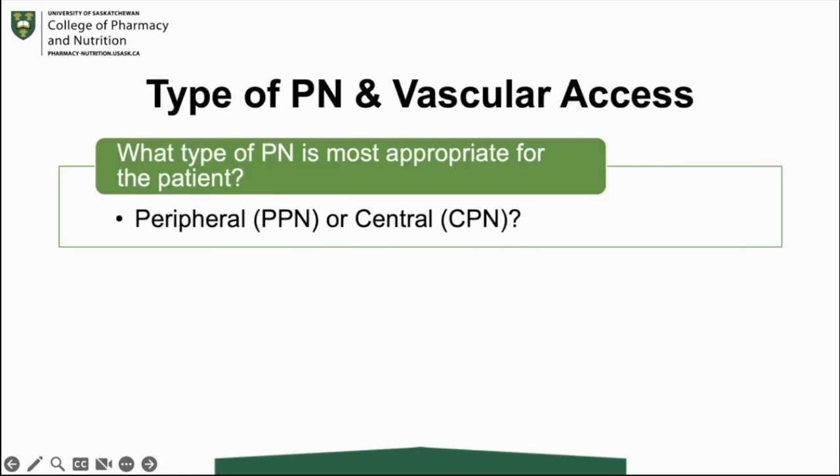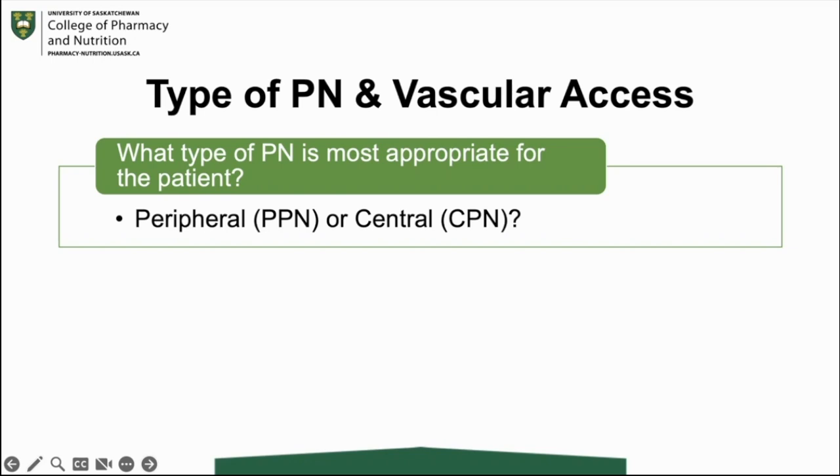In addition to a nutrition assessment and determining the risk for refeeding syndrome in prescribing PN, another factor that a dietitian takes into consideration is whether peripheral parenteral nutrition or central parenteral nutrition is appropriate for the patient.